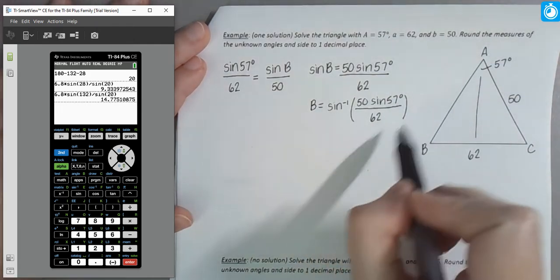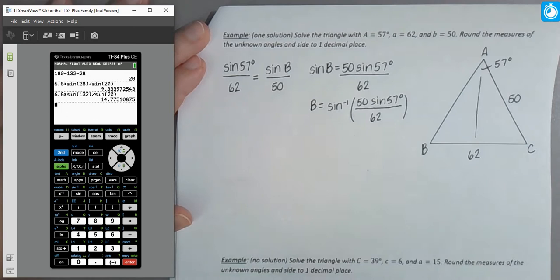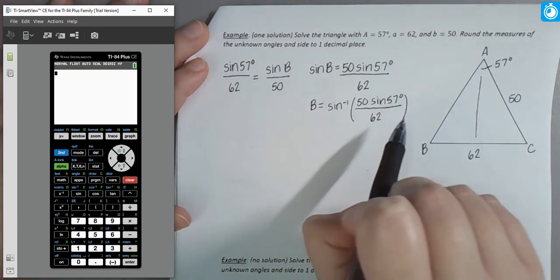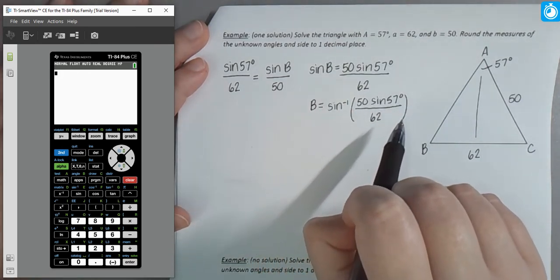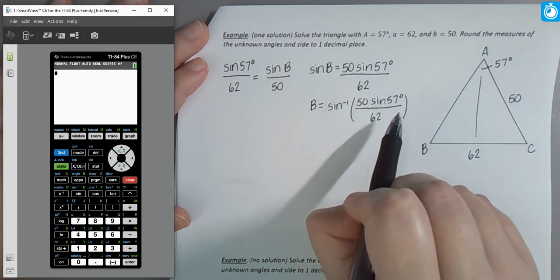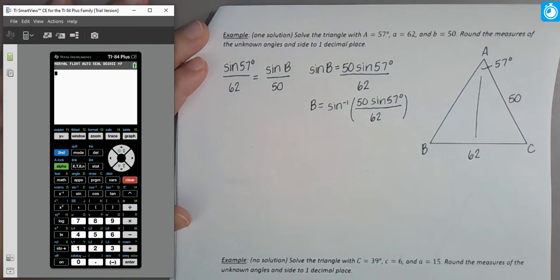Now this looks very complicated, but you're just going to plug it into the calculator, so just go step by step. Now I strongly encourage you, do not try to type this whole thing in one line. Go step by step. So maybe just start with what's inside parentheses. Just type all of that.